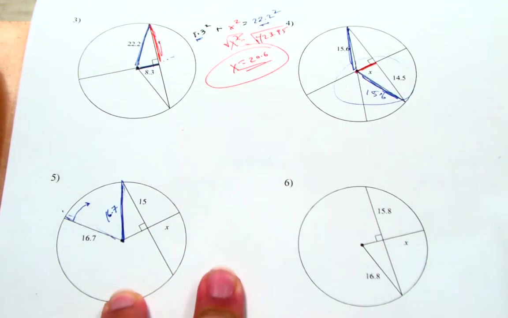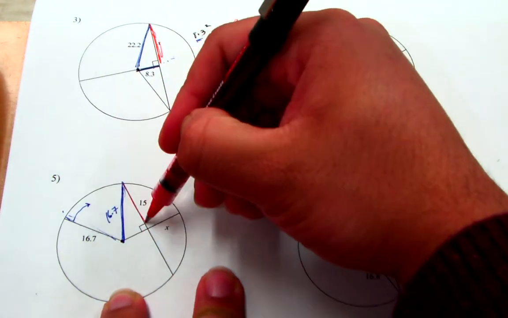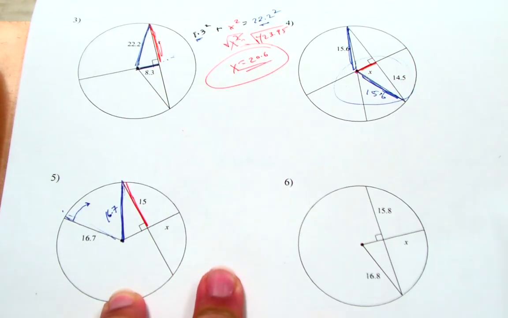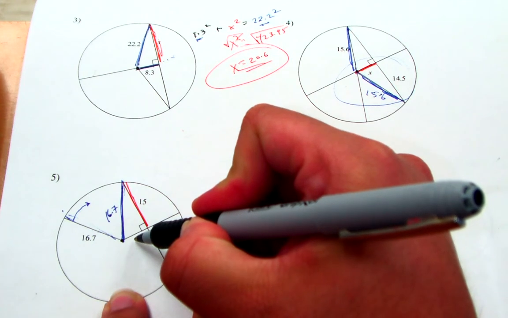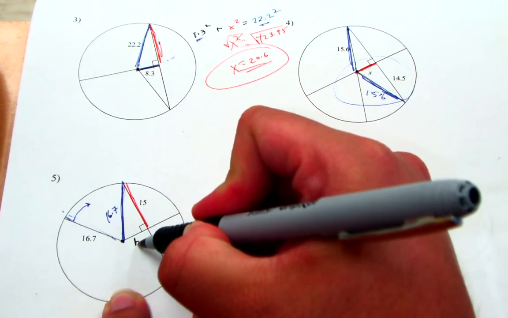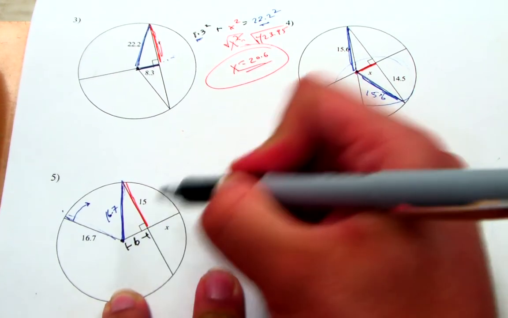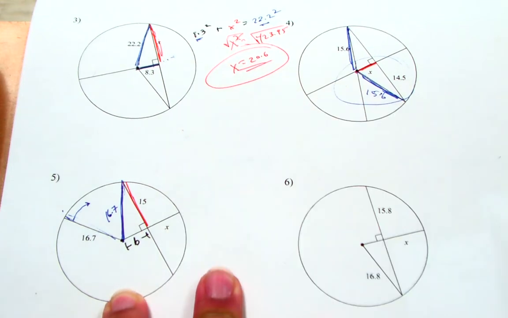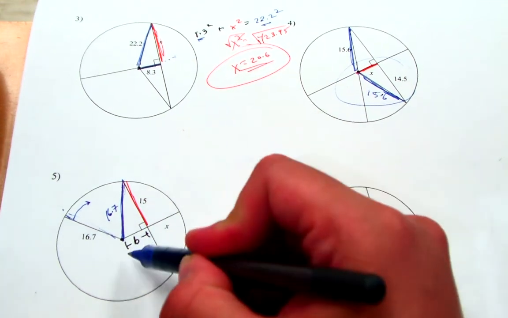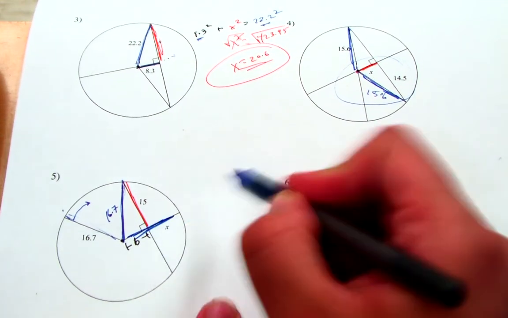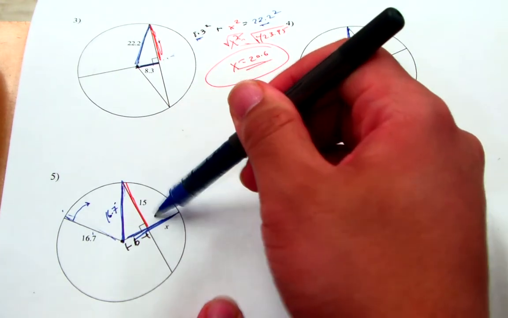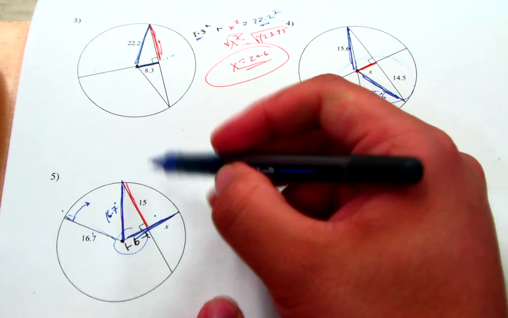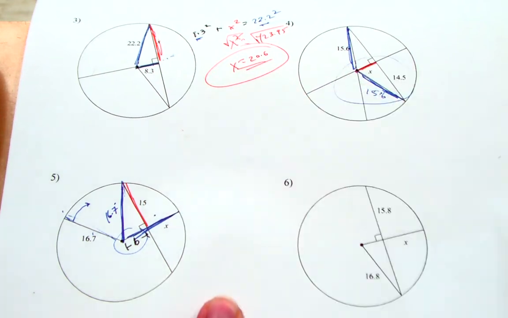I'm given this 15, which represents this length right here. And what I'm looking for is not really part of that, but if you think about it for a second, let's call this B. If I can find B right here, do you see how that will help me find X? Because I know that in total, this length right here is also 16.7, because all three of these are radii. So if I can find B, I simply take that away from 16.7, and I will have X.